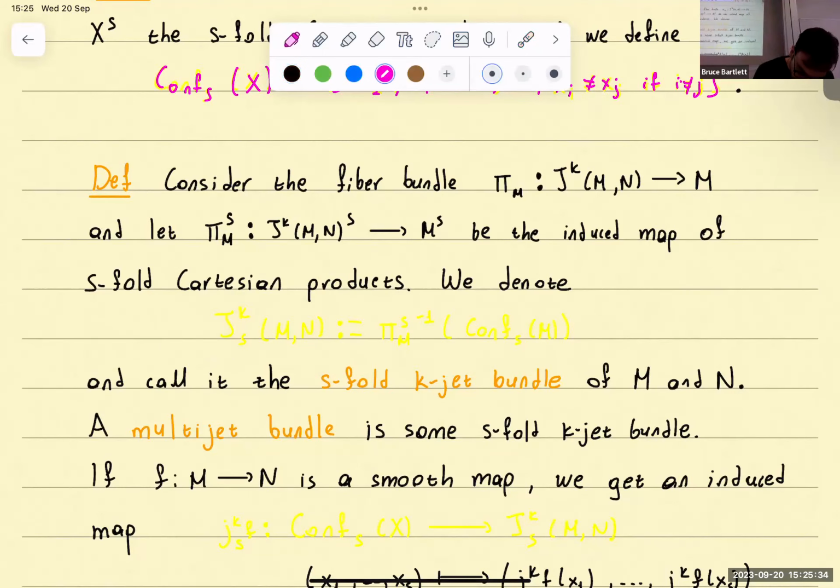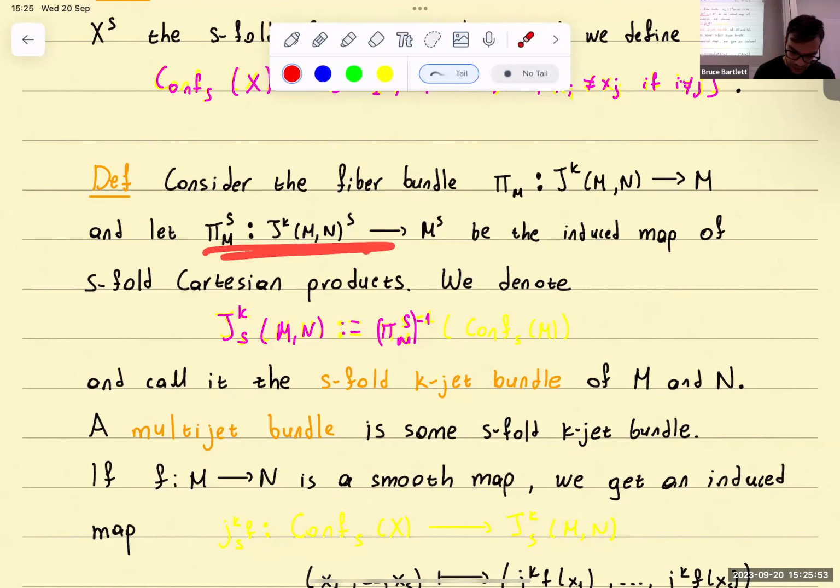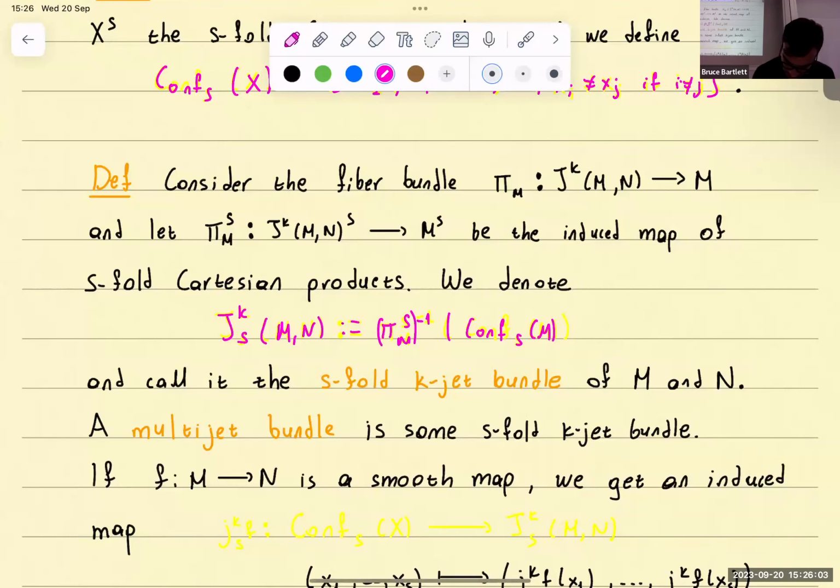What I'll denote by J^k_s(M,N) is going to be the preimage under this map of the configuration space of s points in M. So basically I'm taking the s-fold Cartesian product of the k-jet bundle, but I only keep s-tuples that have different base points.